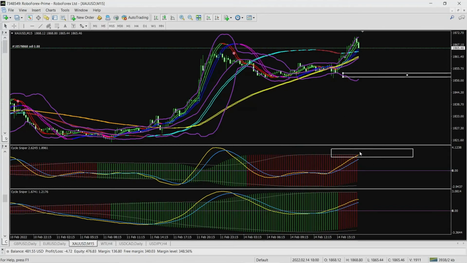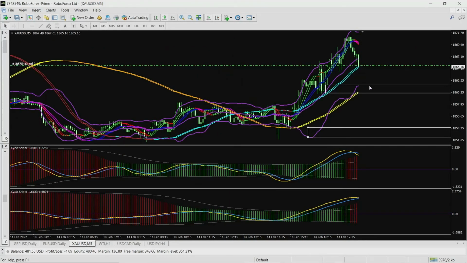15 minutes chart. As I told you, it will come here and it will retrace. Our first support. We go to 5 minute chart and let's see where they are. Here. Working as predicted.